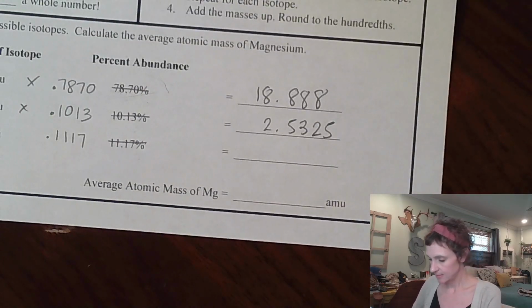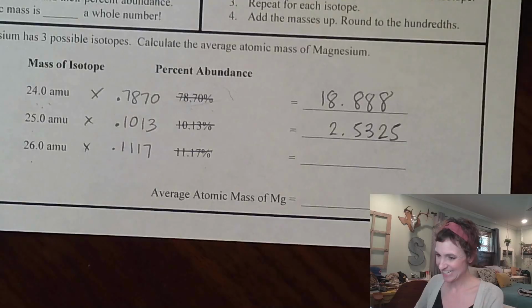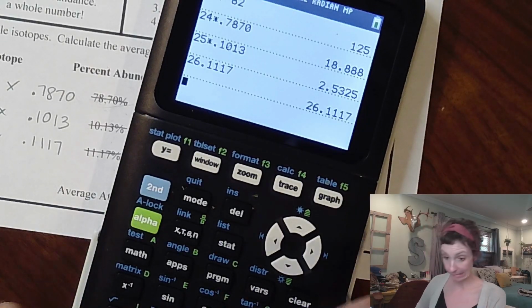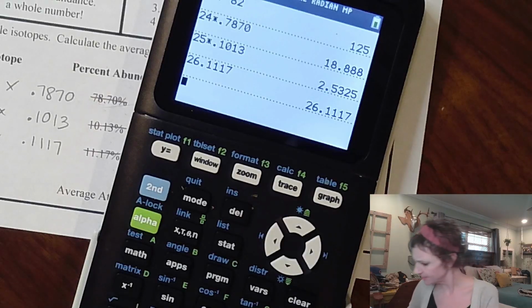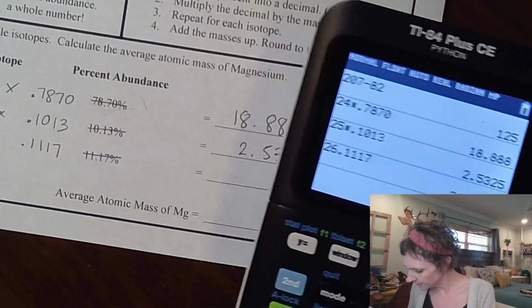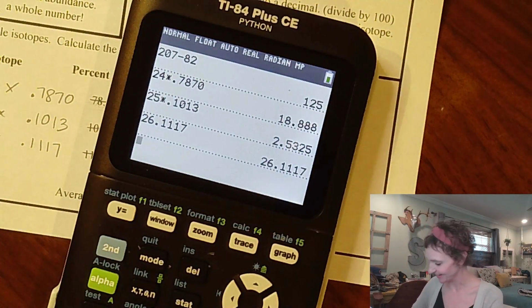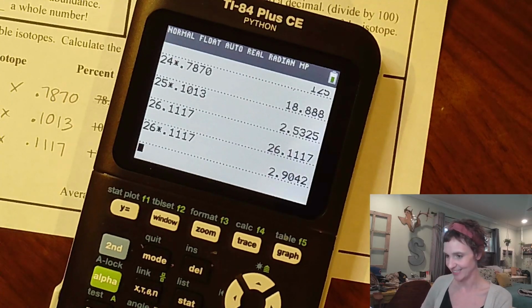And then my last isotope is 26 times 0.1117, and I get 26. Wait, no, I don't. What did I do here wrong? 26. Oh, I didn't even multiply. So here we go. Let's try again. 26 times 0.1117. Okay, there we go. I was like, that looks a little bit wrong to me.